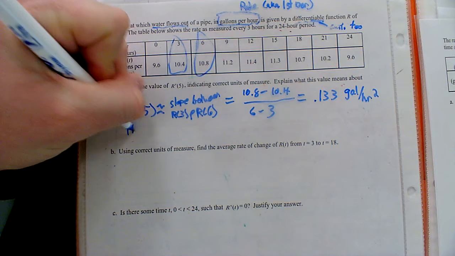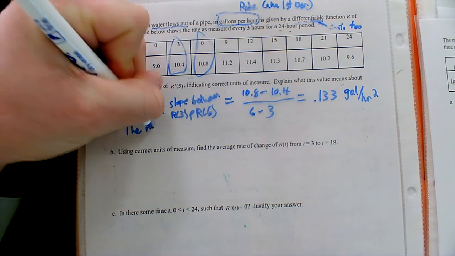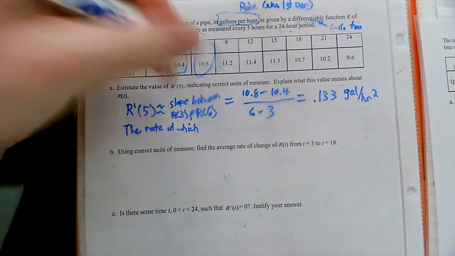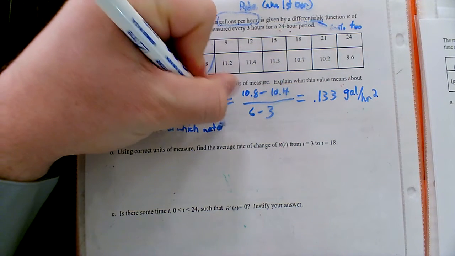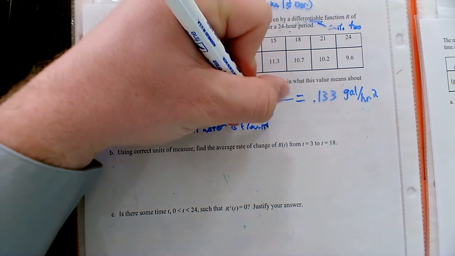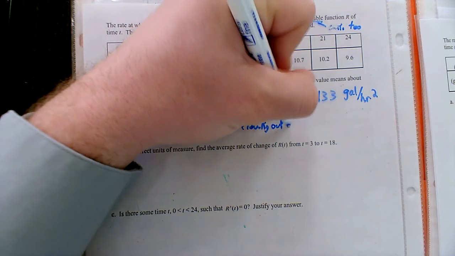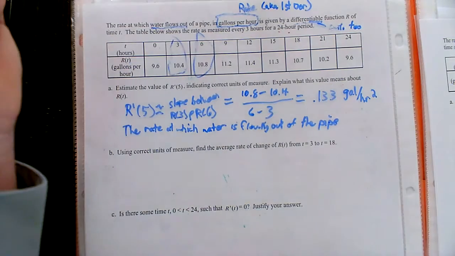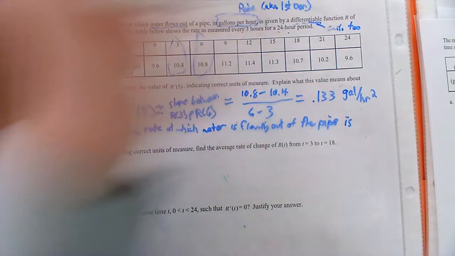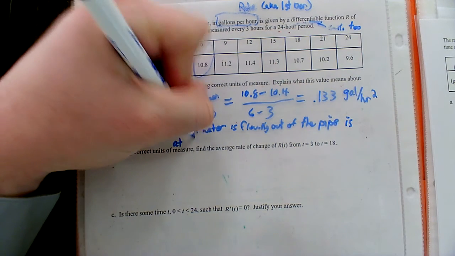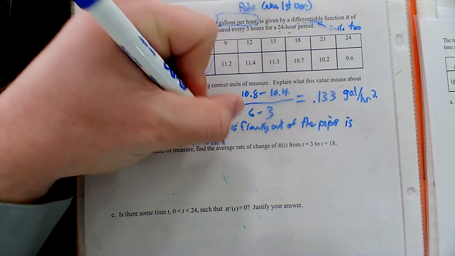We're going to write it out, so let's start, and then you can think about it more. The rate at which water is flowing out of the pipe is what at t equals 5 hours?